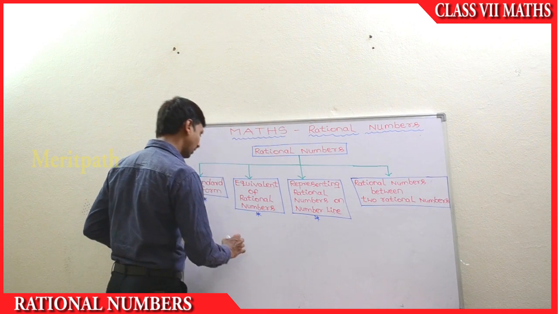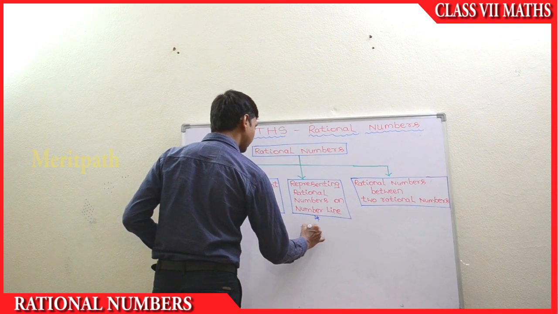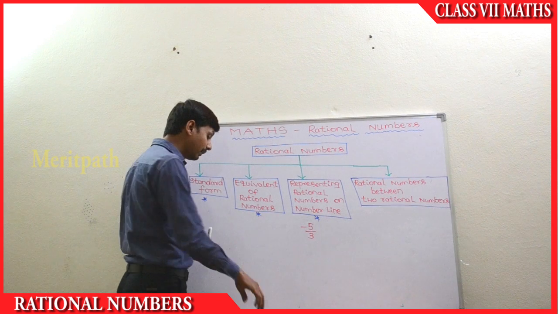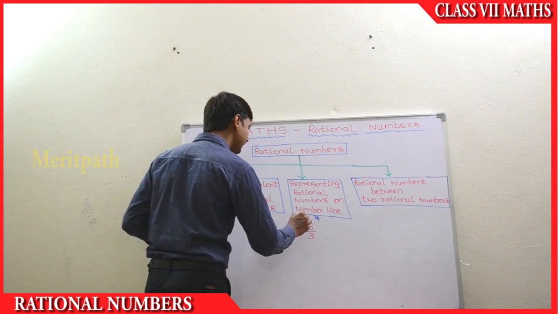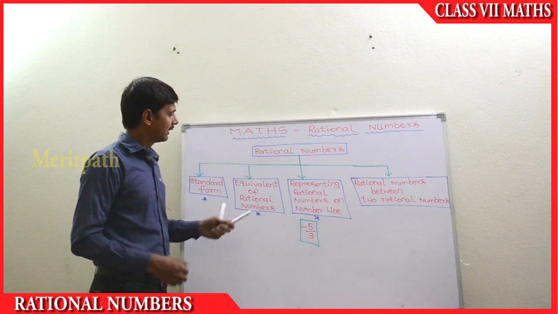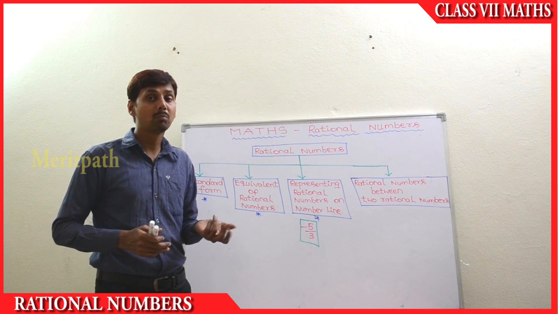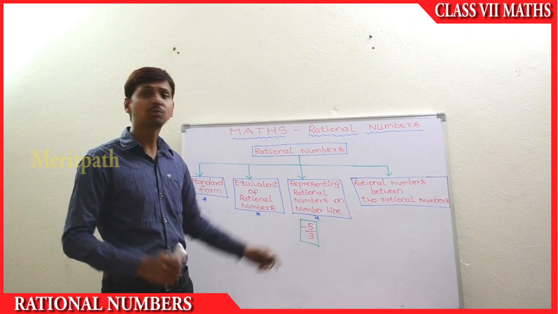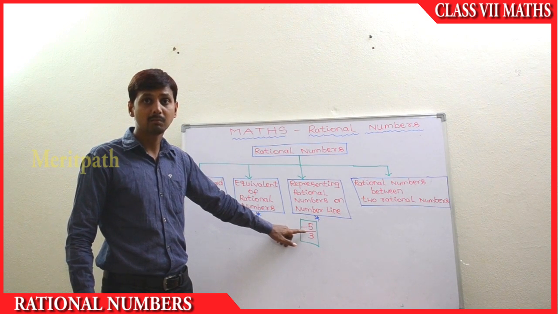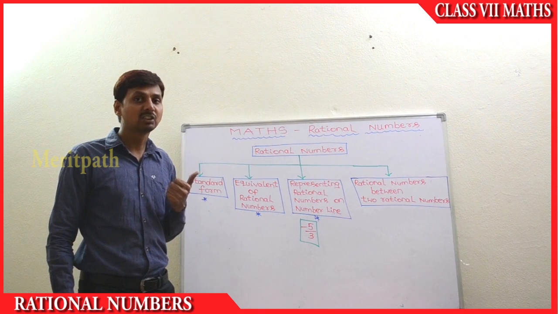If we take any one of the rational numbers, like minus 5 by 3, how do we represent this minus 5 by 3 on the number line? First we need to know what kind of number it is, either a negative number or a positive number. It's a negative number because it has a negative sign, minus. So this is a negative rational number.